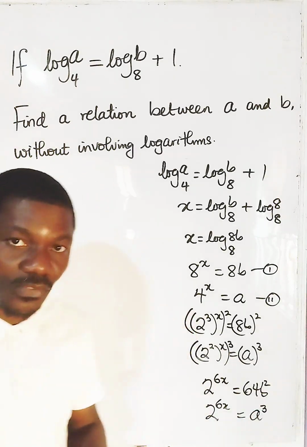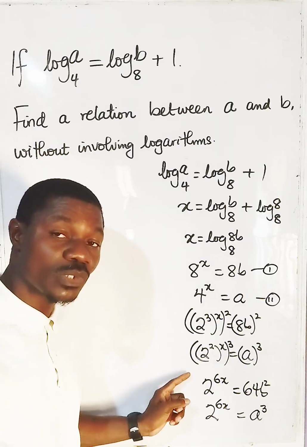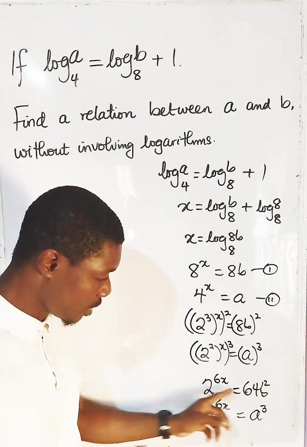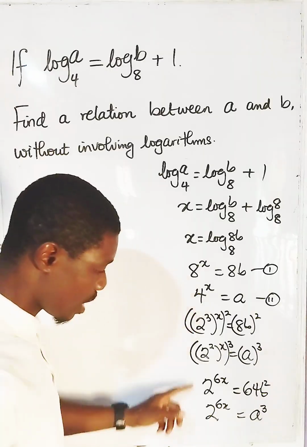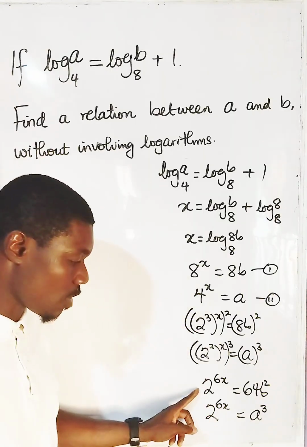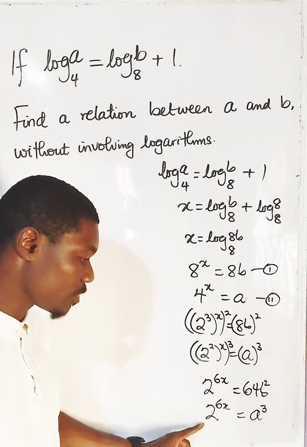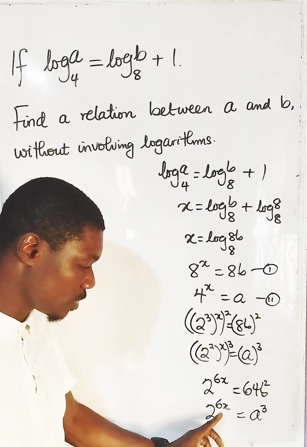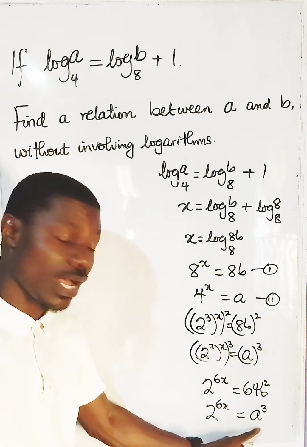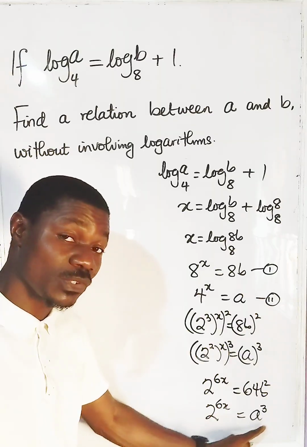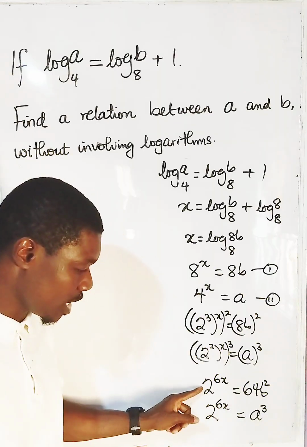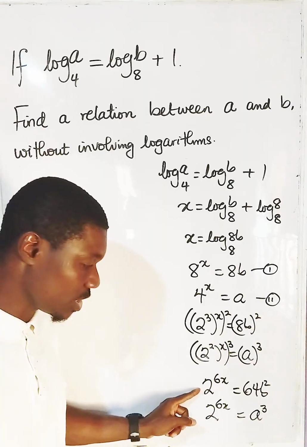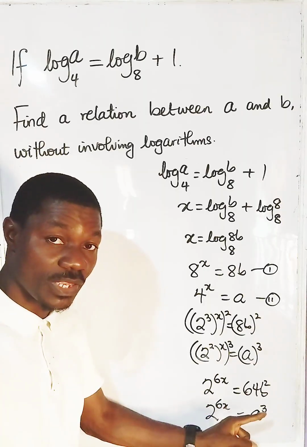So we've now arrived at a common term between the first equation and the second equation. You can see here you have 2 raised to 6x, and here you have 2 raised to 6x. Which implies that if 2 raised to 6x equals A raised to 3, we can also say that A raised to 3 equals 64 b raised to 2.